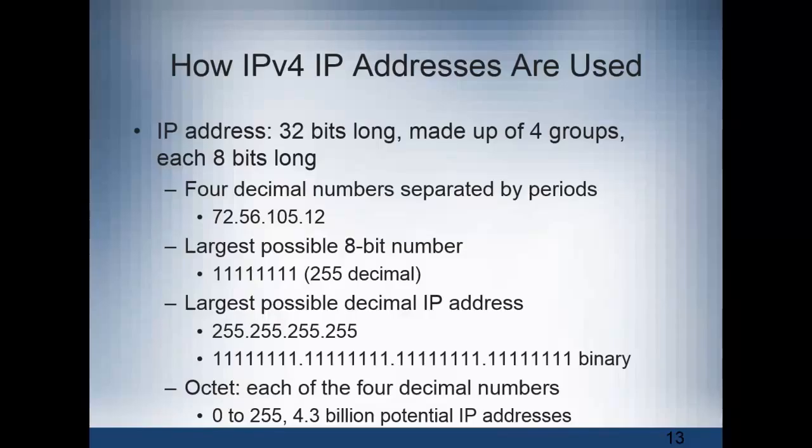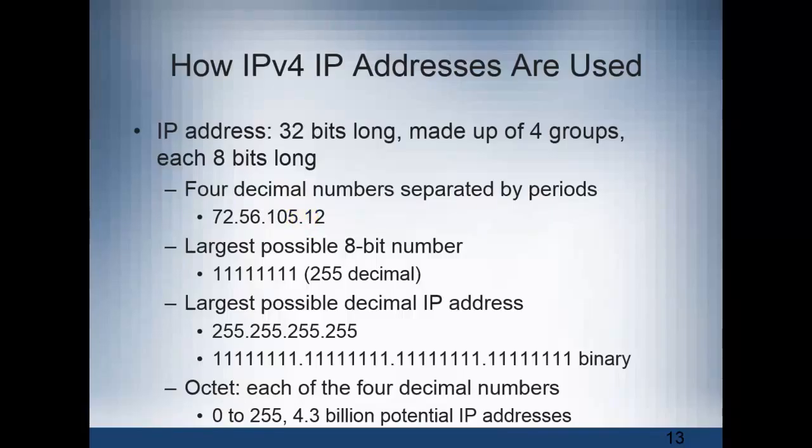And if we were representing this in binary using each of those 4 groups of numbers, which is called an octet, we would have 4 groups of 8 ones. So just remember, each of those 4 numbers separated by a dot is called an octet for 8 bits.